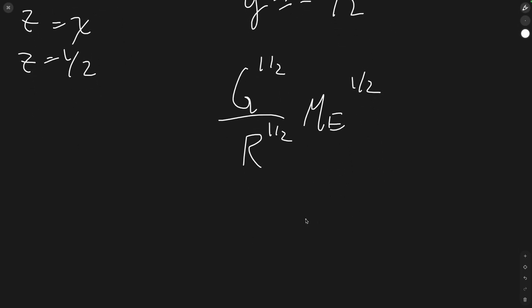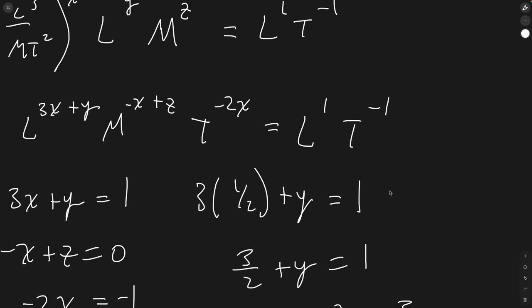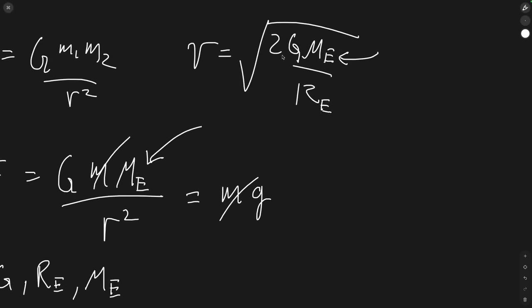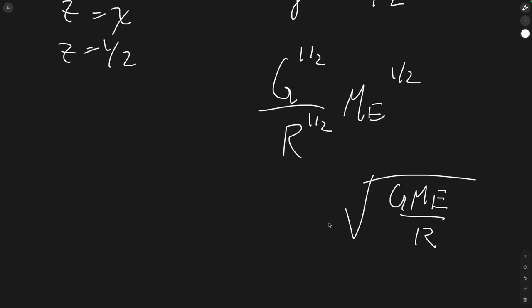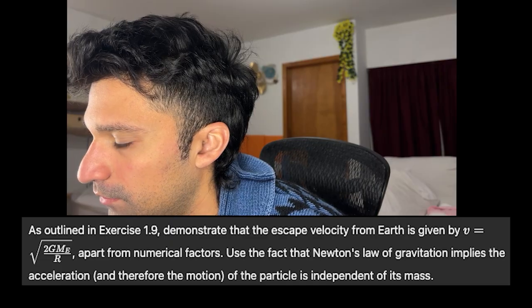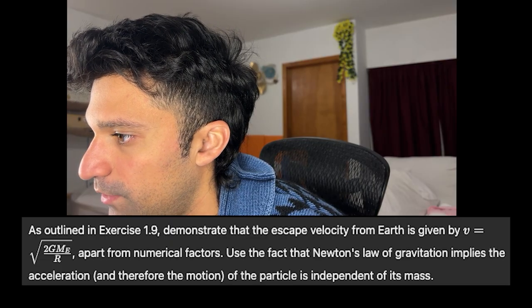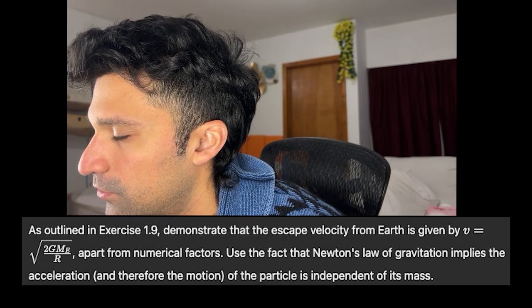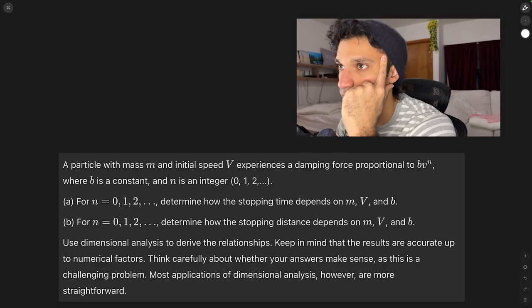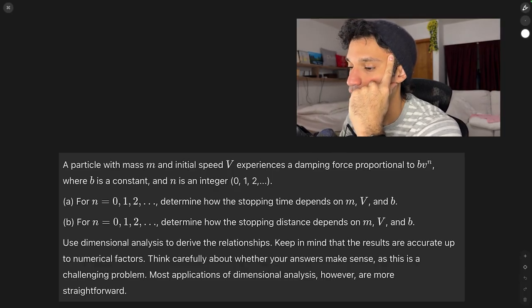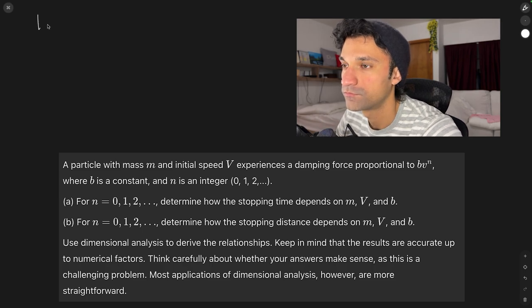So this says square root of g me over r. And there's a factor of 2, which we didn't know about, but there was no way for us to know about that. So we said apart from numerical factors, so we should be fine. Moving on. Problem 1.5.